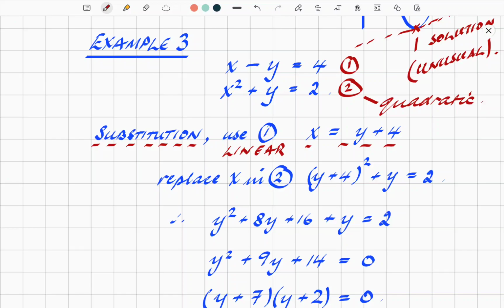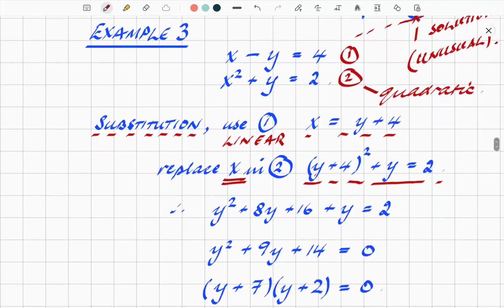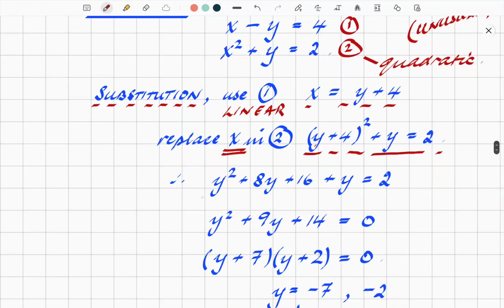All right. And then we're going to replace x in the second equation. So where we see an x, we replace it with the value y plus 4. So the second equation becomes y plus 4 all squared plus y equals 2. Expand the brackets and you get y squared plus 8y plus 16 plus the y we had originally equals 2.